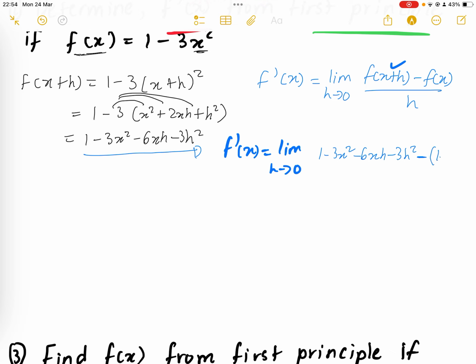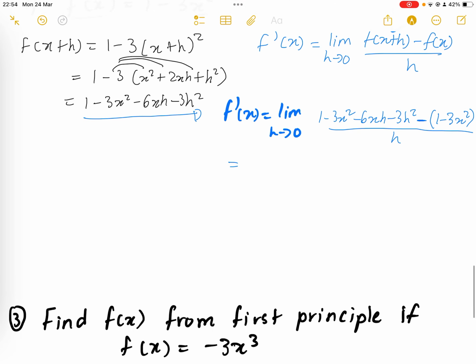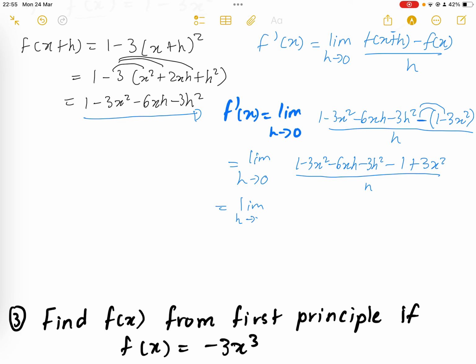The f at x was 1 minus 3x squared, all over h, with the limit as h goes to 0. So 1 minus 3x squared minus 6xh minus 3h squared minus 1 plus 3x squared. I just multiplied here, so that is why I have a plus 3x squared, over h, and the limit as h goes to 0.